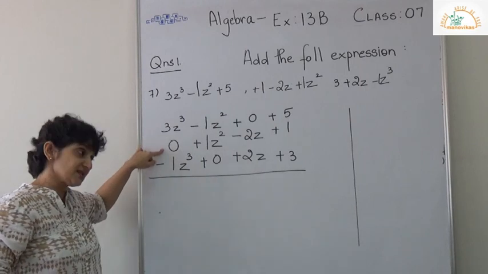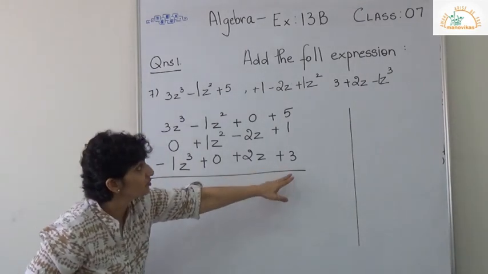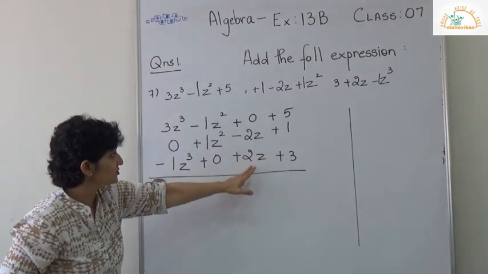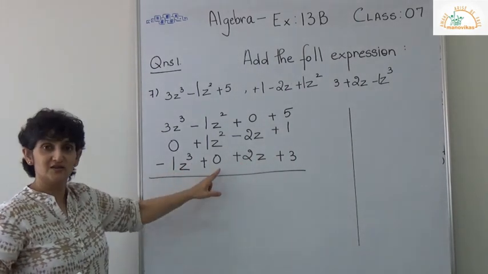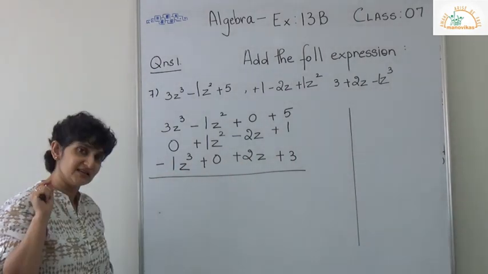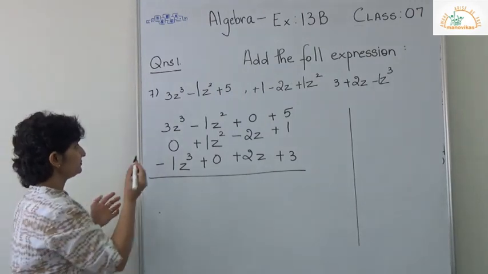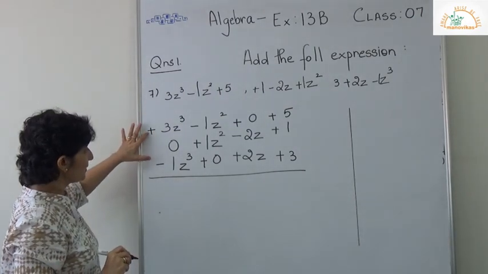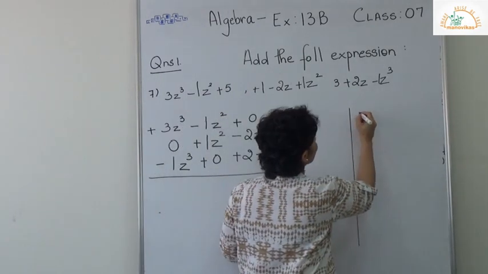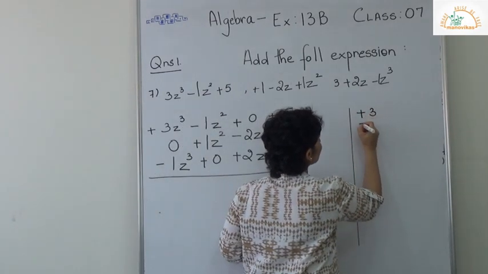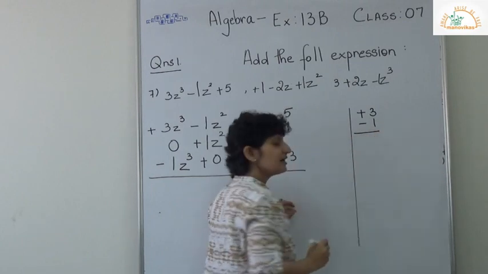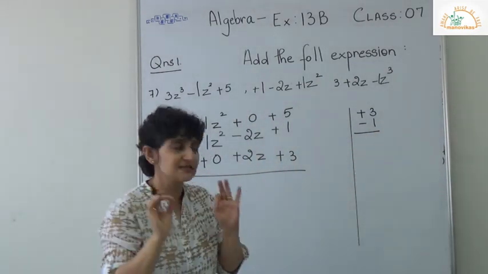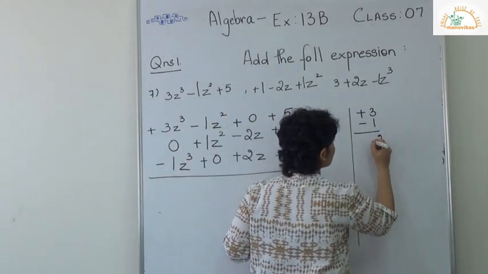Nothing here, so it's a 0. 3, so plus 3 plus 2z minus 1z cube and plus 0. Clear? I told you when there's nothing, let's put a plus. I have plus 3 minus 1. Different family, subtract. 3 minus 1 gives you 2.